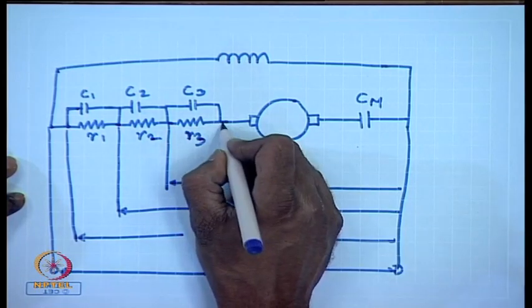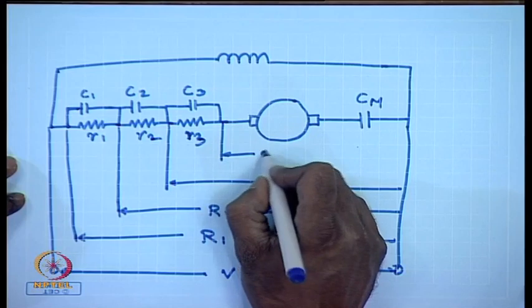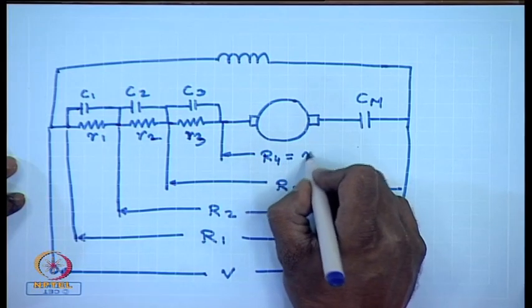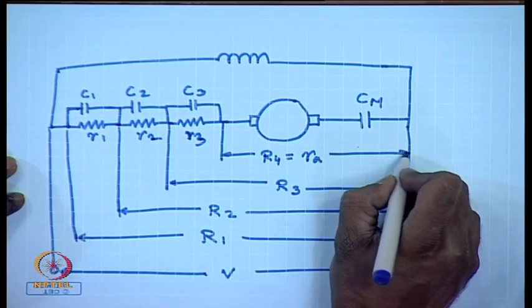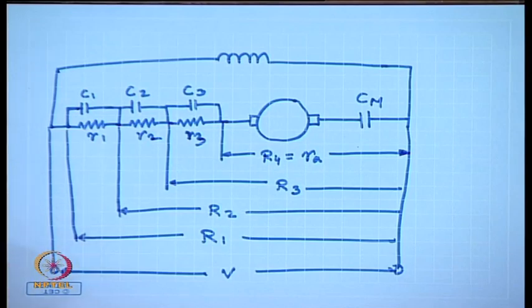When C3 is shorted, the resistance becomes R4, which is nothing but the armature resistance of the machine. Now, in addition to this simple scheme, of course, many protection features like no volt release, overload protection, etc., are also provided with commercial relay contactor based starter.